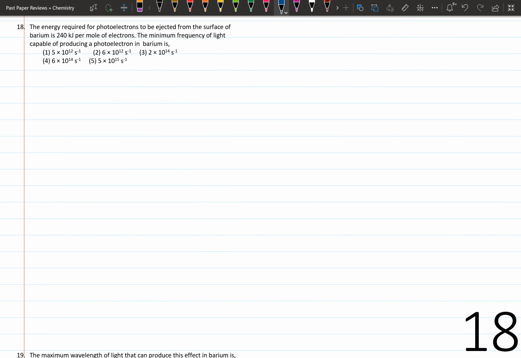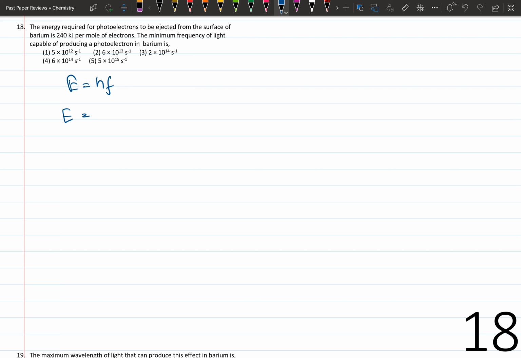Question number 18. The energy required for photoelectrons to be ejected from the surface of barium is 240 kilojoules per mole of electrons. The minimum frequency of light capable of producing a photoelectron in barium is. Here we apply the formula E equals hf.